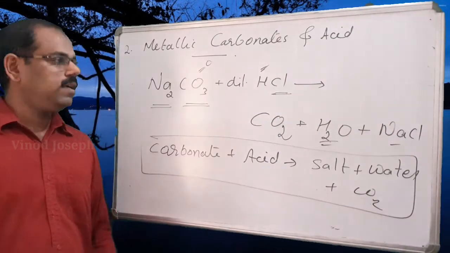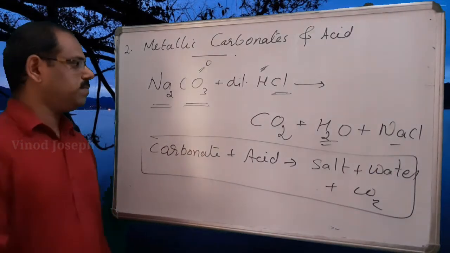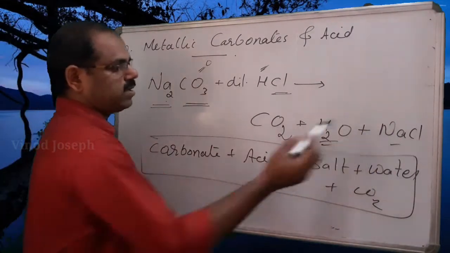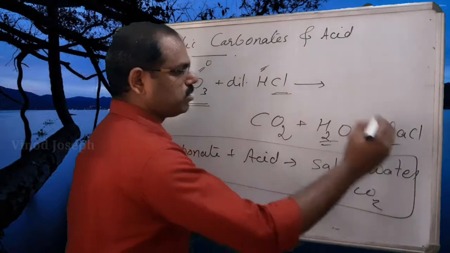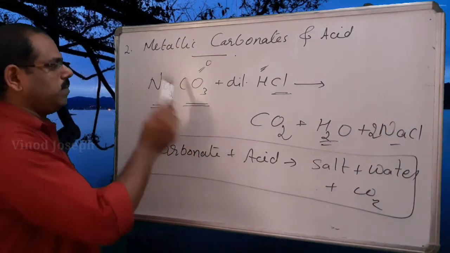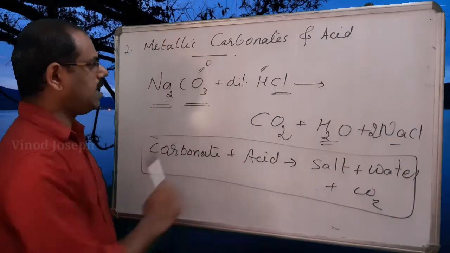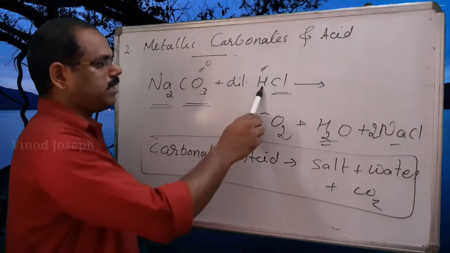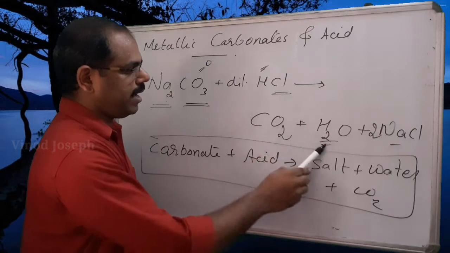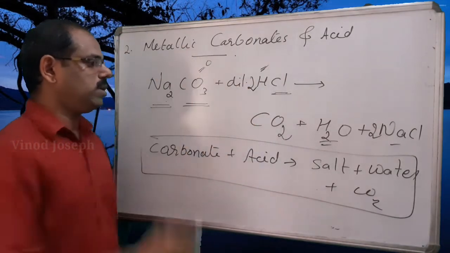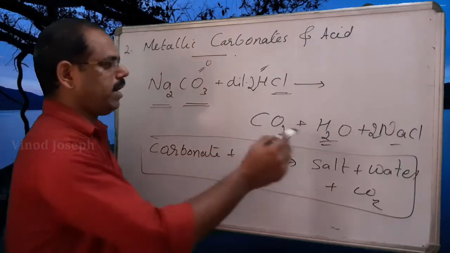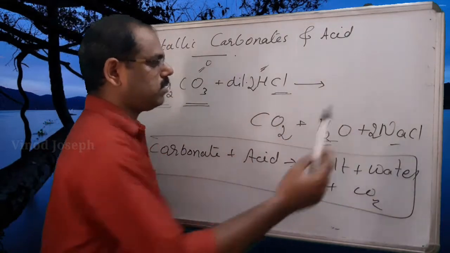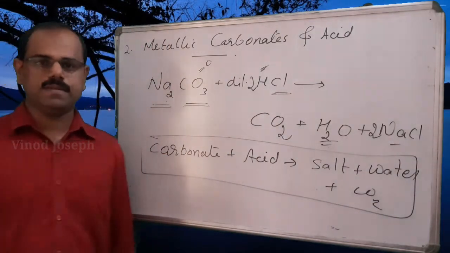Of course, you see whether the equation is balanced. 2 sodium on one side, only 1 sodium on the other, so we put 2. 1 carbon, oxygen 3 and oxygen 2 plus 1, 3. Hydrogen 1 here, hydrogen 2, so you put 2 here. 2 hydrogen and 2 chlorine. So the equation is balanced.